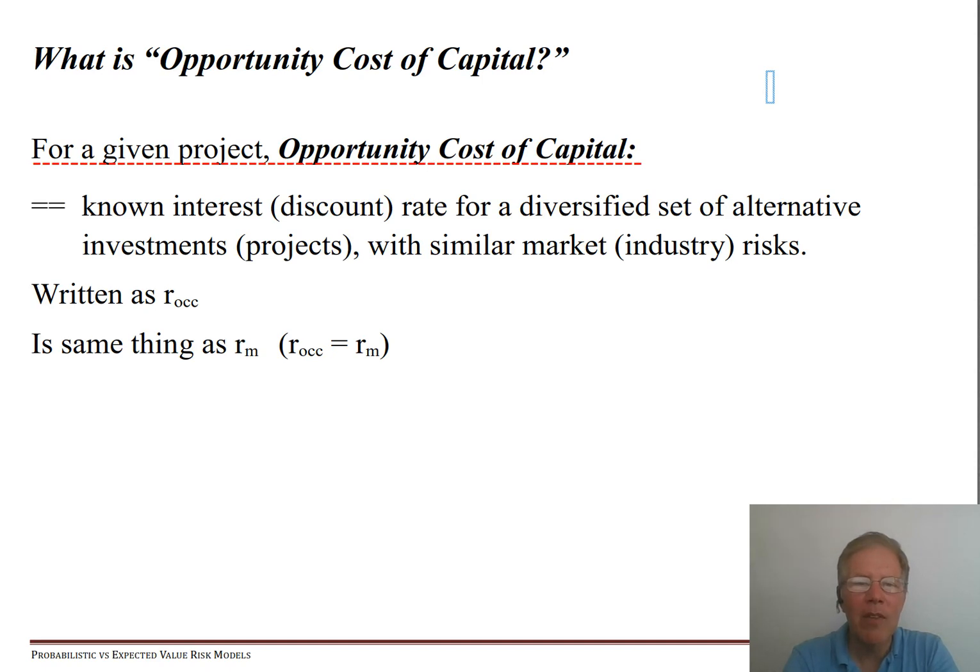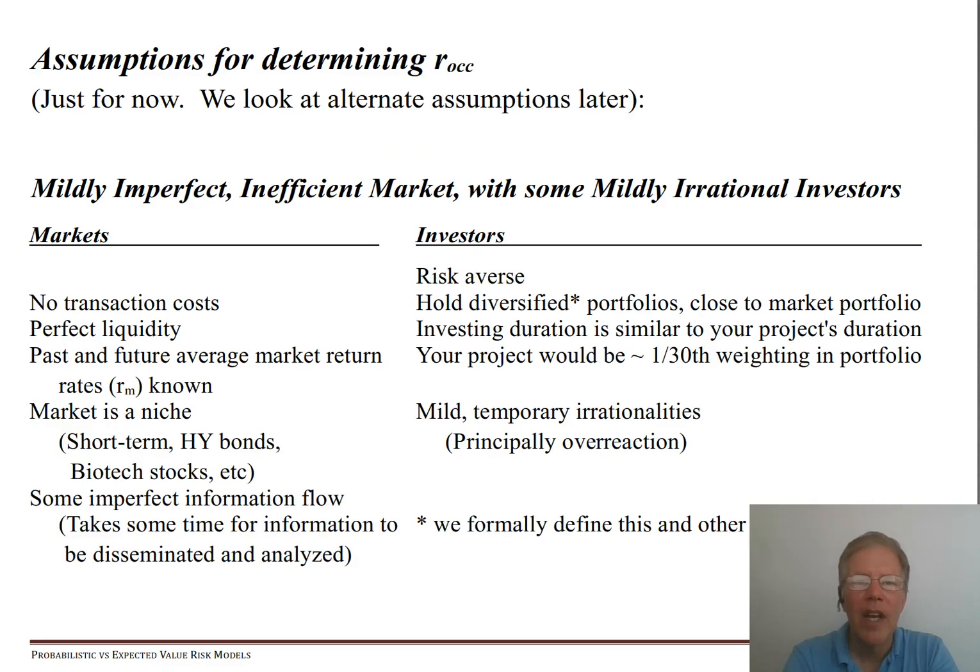And we write that as R sub OCC, and as I said on the previous page, this is the same thing as RM, which lets us discount projects back, including just project risk in the cash flows, okay?